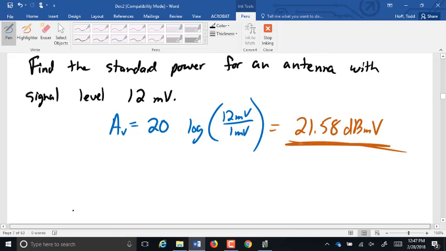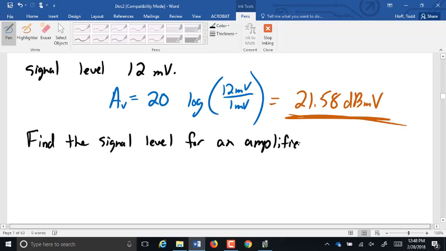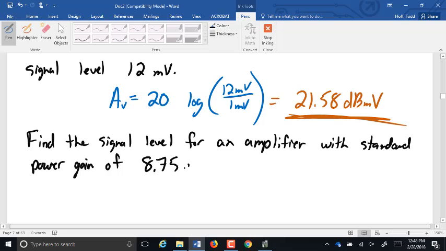Okay. Find the signal level for an amplifier with standard power gain of 8.75 dBm.